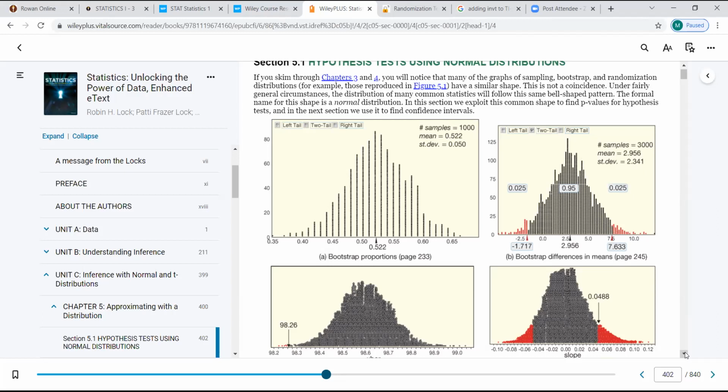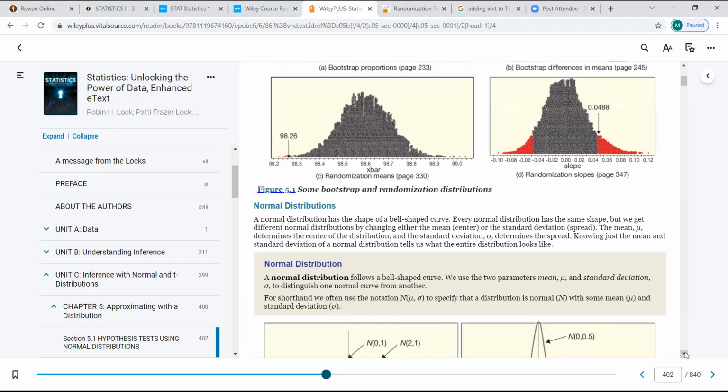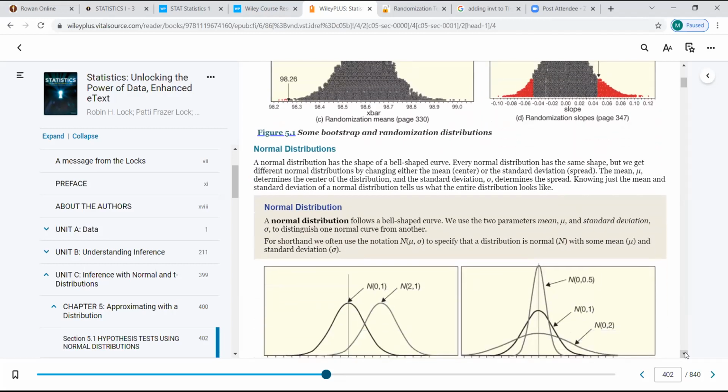They look bell-shaped. So why don't we just use the normal distribution as an approximation to do hypothesis tests, in other words, to create our test statistic.